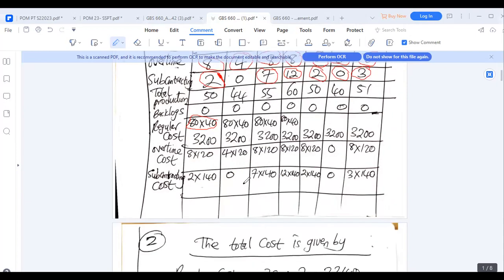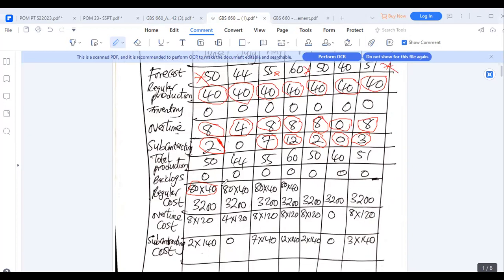So now the overtime is 8 units by 120. Overtime is 4 units by 120. The 8 units by 120, the 8 units by 120, and all that is overtime cost. Then we look at the total cost of overtime and the regular cost.